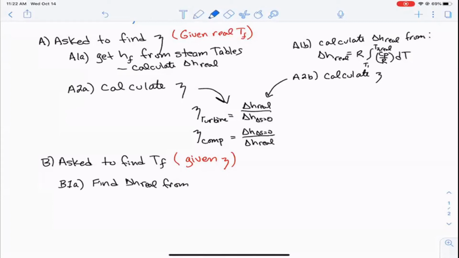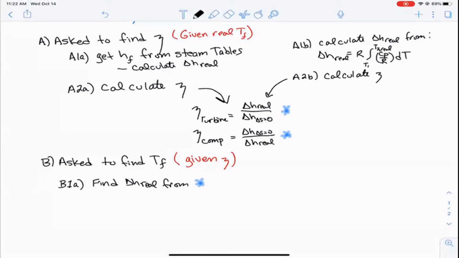And here I'll write a star, but it's either from here or from there, because if you have the efficiency and you've already solved for the isentropic case, then solving for delta H real is possible. It's the only variable in one of those equations above.